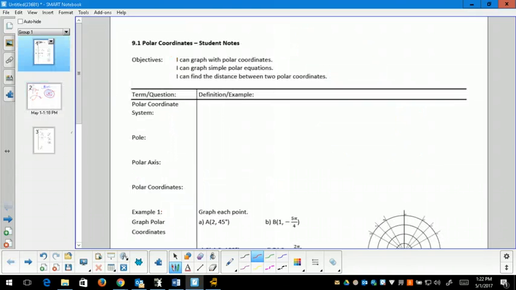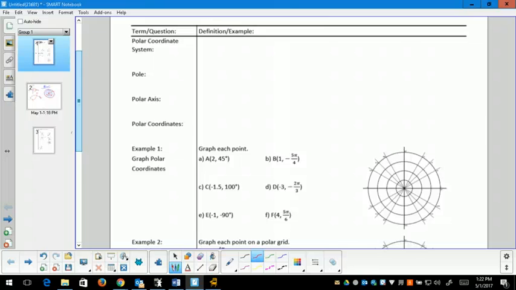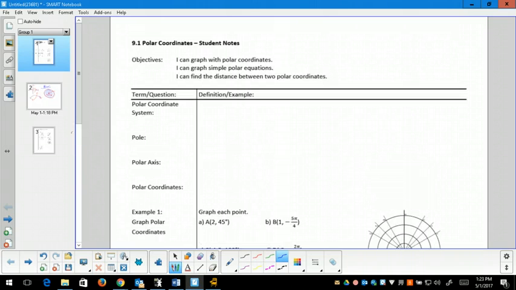So we're looking at our first learning target, which is graphing polar coordinates. The polar coordinate system is made up of circles and radials, and each point in the polar coordinate system is r comma theta. So the first coordinate is how far away from the center, or what we call the pole.